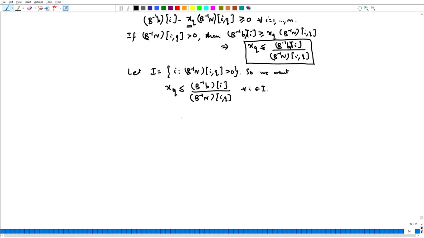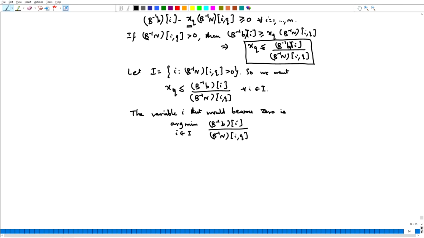So, you can say that the variable that would become 0 is the argmin over i in I of B inverse b of i by B inverse N of (i, q).